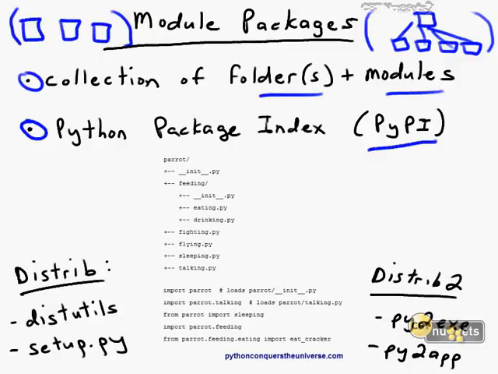Now, just the ground rules about creating your own packages. What you're seeing here is some really nice sample code from pythonconquerstheuniverse.com. Basic, highest level view of a package is that you have a top level directory with the name of your package, and you have a top level file called __init__.